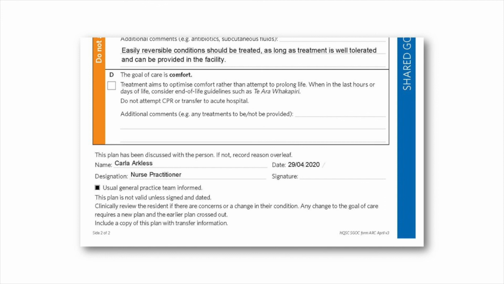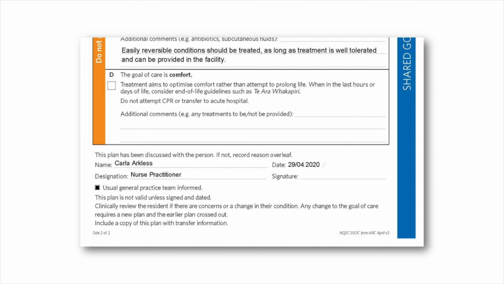So it's important to review the goals of care at any change in health. And also, it doesn't replace a conversation with the enduring power of attorney at the time that healthcare decisions need to be made. We still need to have those conversations. However, it provides a starting point for those decisions that may need to be made in a hurry.